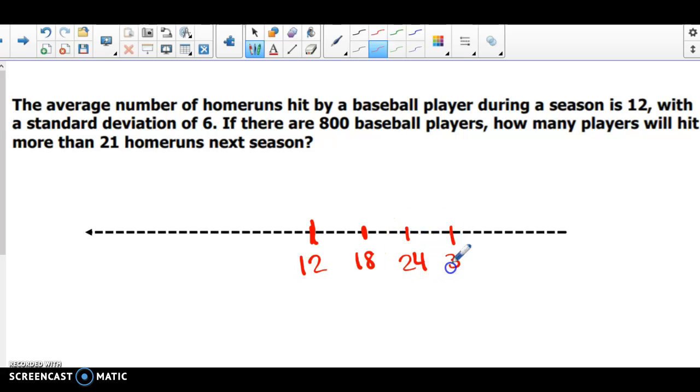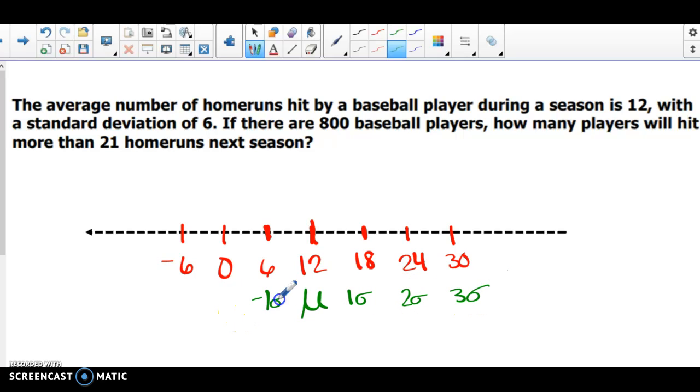Plus 6 more would give you 30. 12 minus 6 is going to give you 6, 0, and negative 6. Okay, so this is my mean. This is my plus 1. This is my plus 2, plus 3, minus 1, minus 2, minus 3 standard deviations.